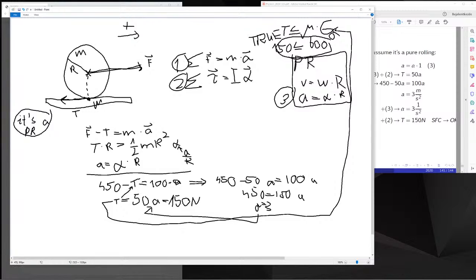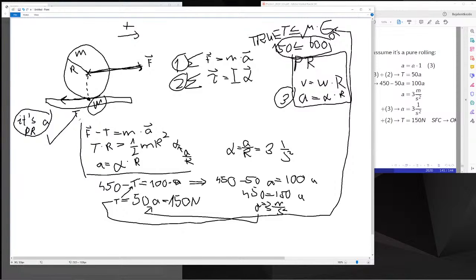So that means with that mu, with that force, with this m and R and the shape of the cylinder, that can fulfill the pure rolling, and it will move with A equal to 3 meters per second squared, and from this alpha will be A over R. Since this is 1 meter, alpha is 3 per second squared.